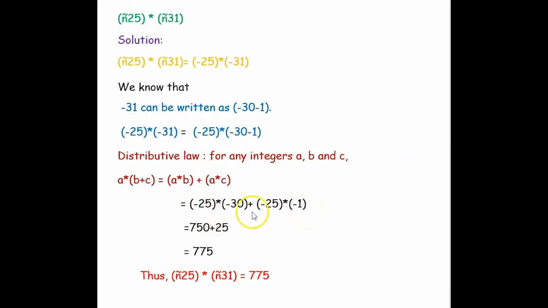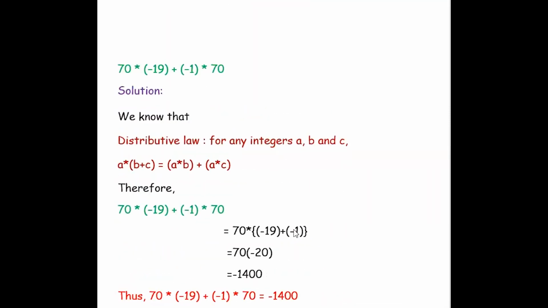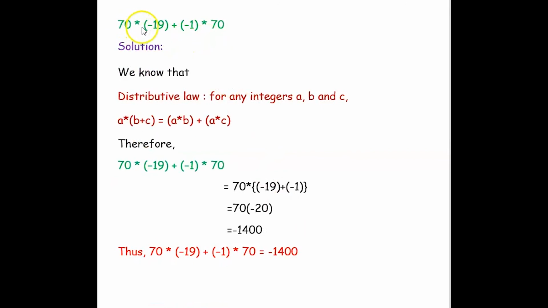Negative 25 into negative 30 is 750, plus negative 25 into negative 1 is positive 25. So 750 plus 25 is 775.